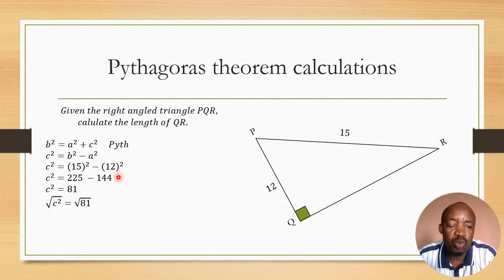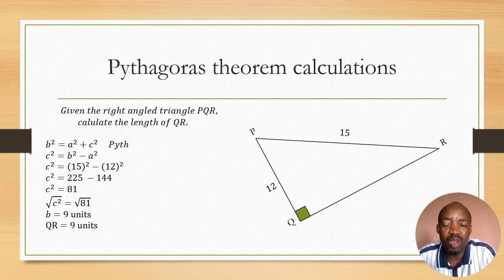I would take the square root of both sides. Now the square root of c squared is c, and the square root of 81 is 9. Sorry about that, it is supposed to be c from there. Now we answer the question. That means QR is equal to 9 units, folks. That is the theorem of Pythagoras being applied when we are not looking for the hypotenuse.